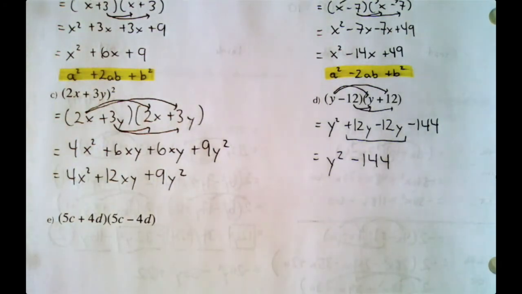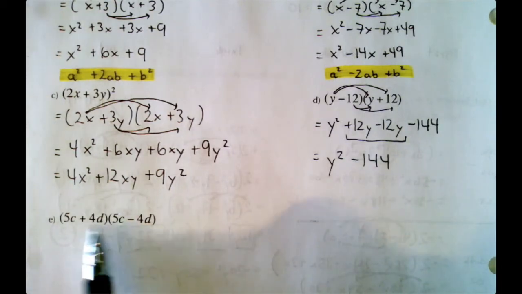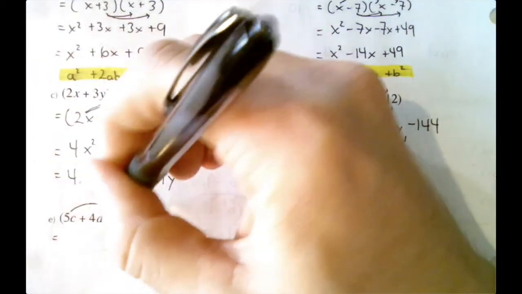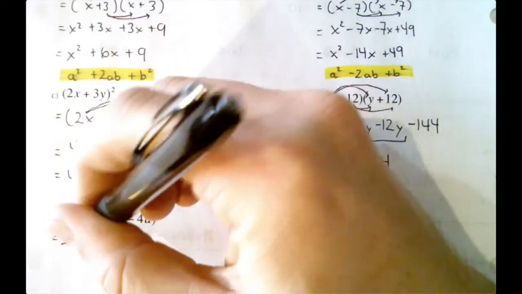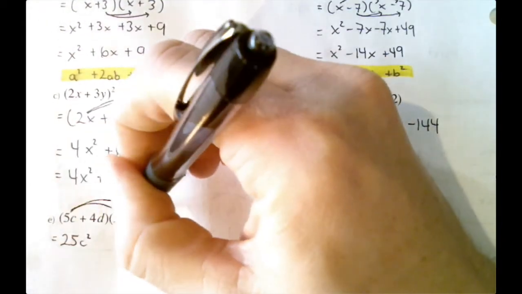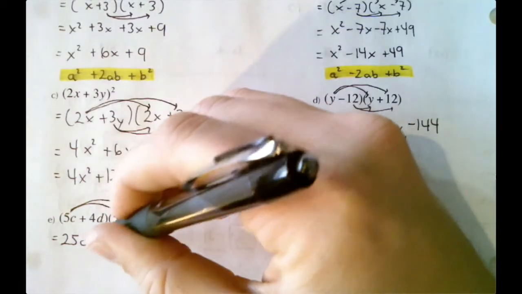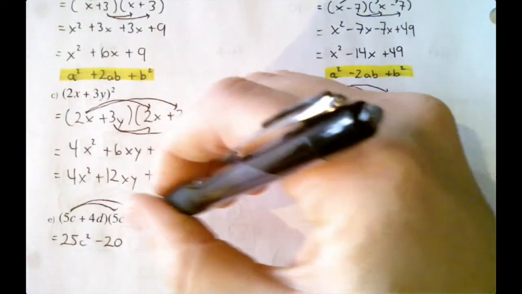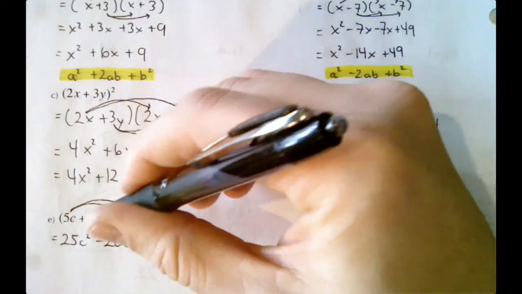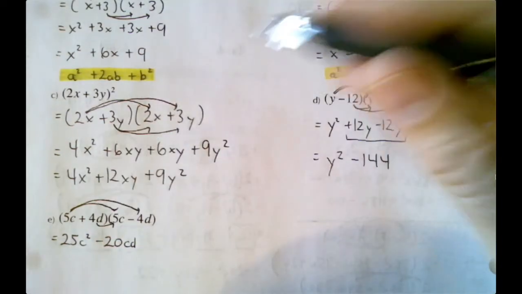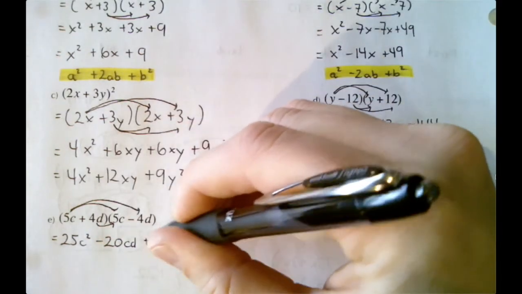Let's try one more to show you that we end up with a difference of squares. We have the same terms, but with opposite signs. 5c times 5c is 25c squared. 5c times negative 4d is negative 20, and we've got c and d, so cd. 4 times 5 is 20.